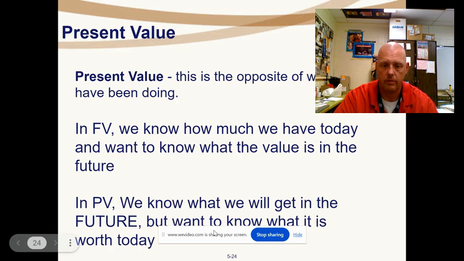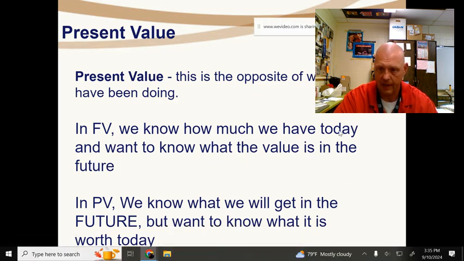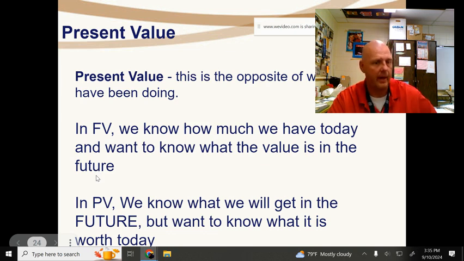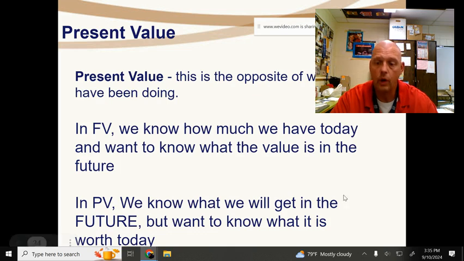In future value, you know how much you have today, and you want to know what it's going to grow to in the future at a specific rate and over a specific period of time. With present value, we know what the number is going to be in the future. We want to back it up to what it's really worth today. And again, the time matters, and what is the going rate of interest, or what are we comparing it to? What were our alternatives with our money?